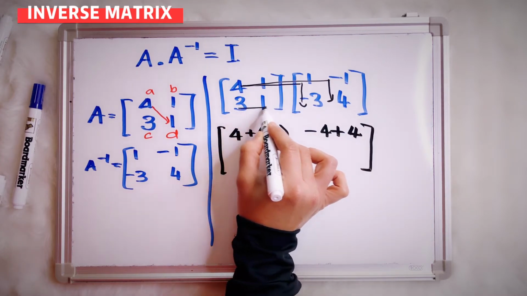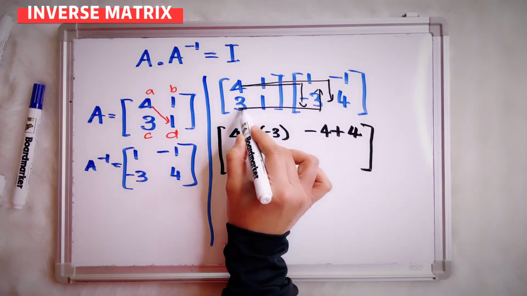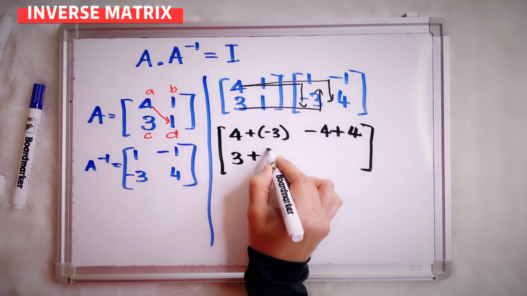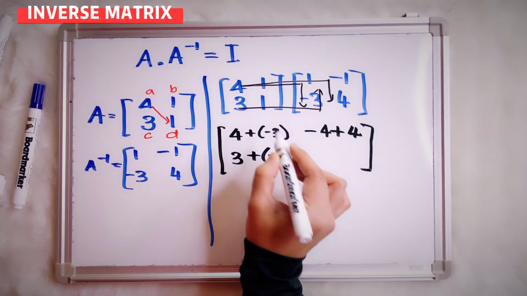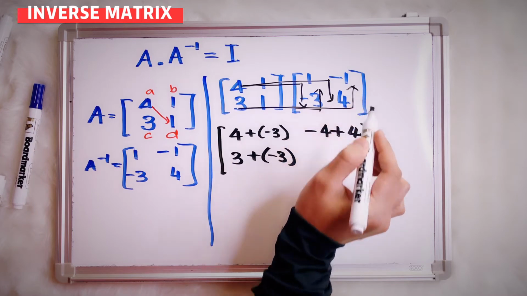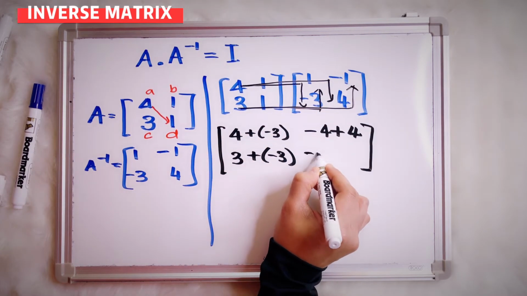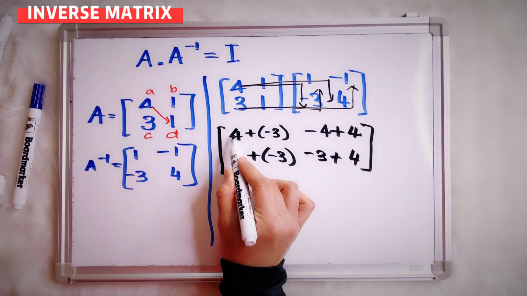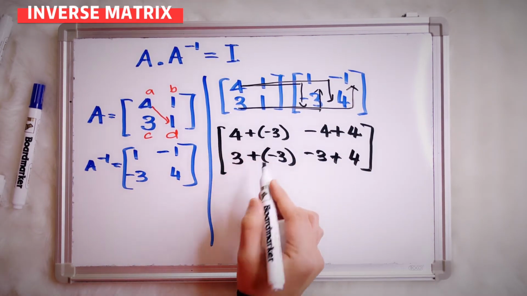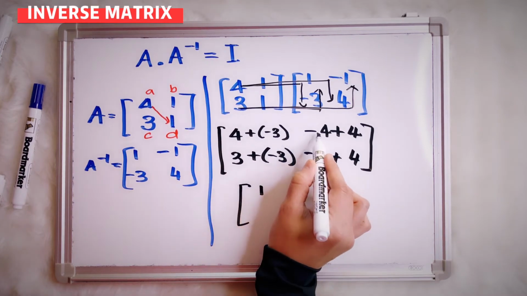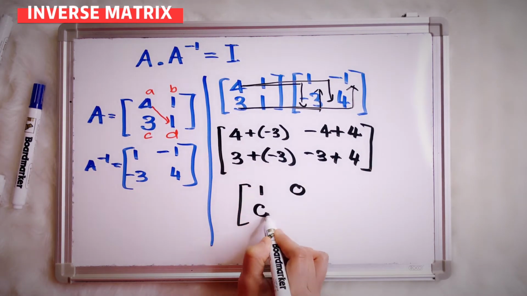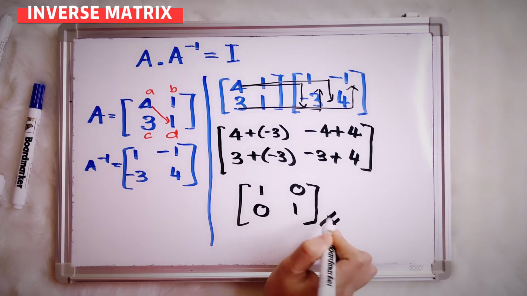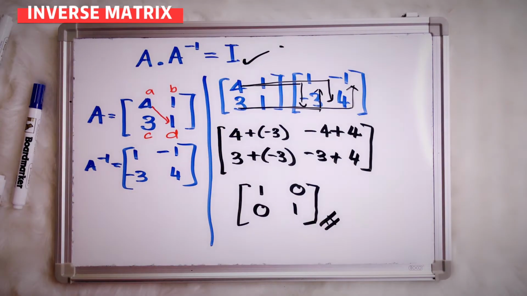Now this part: 3 times 1, 3, plus 1 times negative 3, negative 3. So 3 times negative 1, negative 3, plus 1 times 4, 4. So 4 minus 3, 1, 0. Here also 0. Here 4 minus 3, 1. See? So it's correct. Alright?